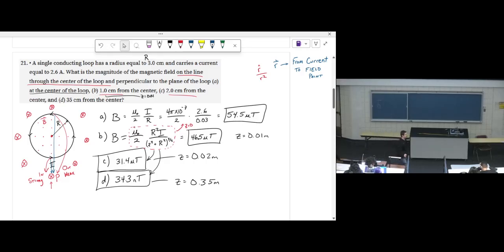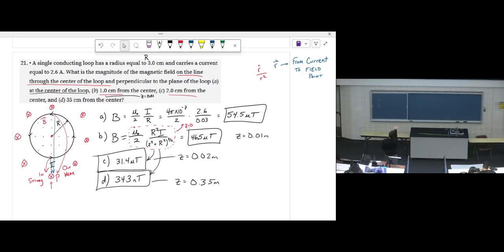Jacob? For what part? For the center of the circle? So choose any point on that current loop and then reach towards the center of the circle. Yeah, with your right hand, not your left hand. Your left hand will fail you every time.